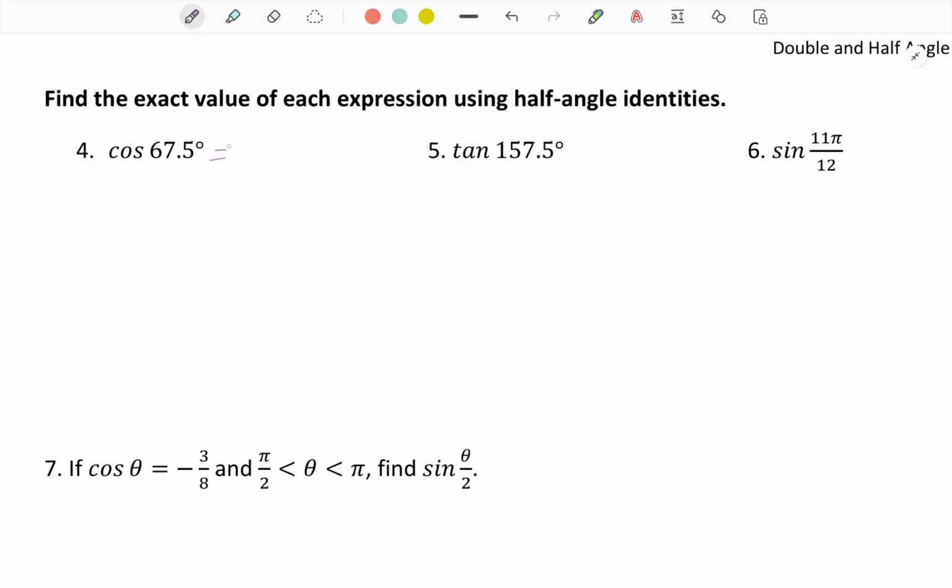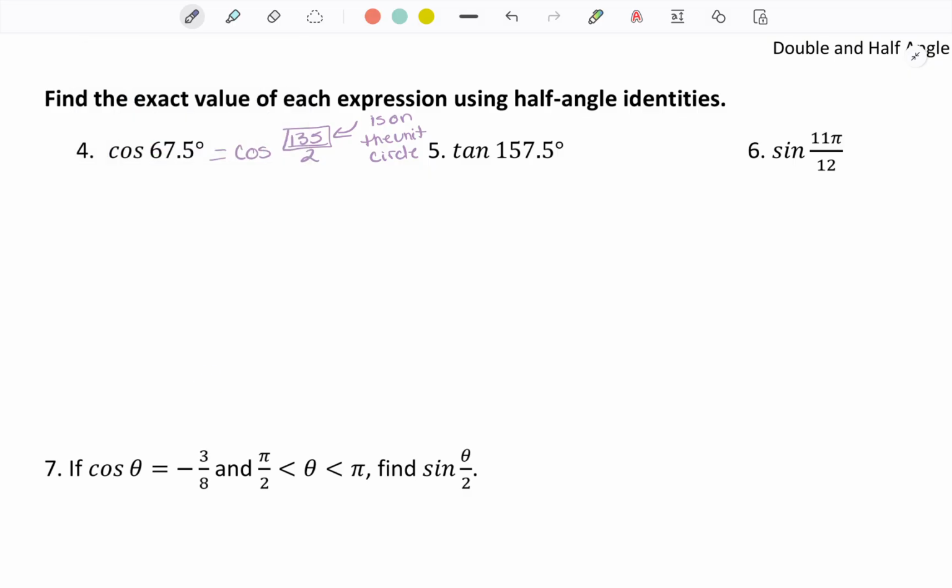So 67.5 is equal to 135 over 2. And if you put that in your calculator and use math and frac, that is what it is going to give you, 135 over 2. So 135 is on the unit circle. So we have values that we can use for it.